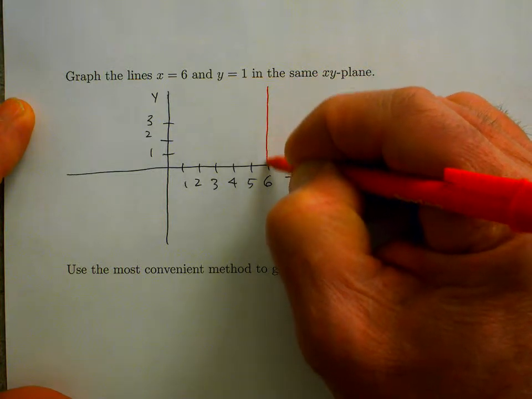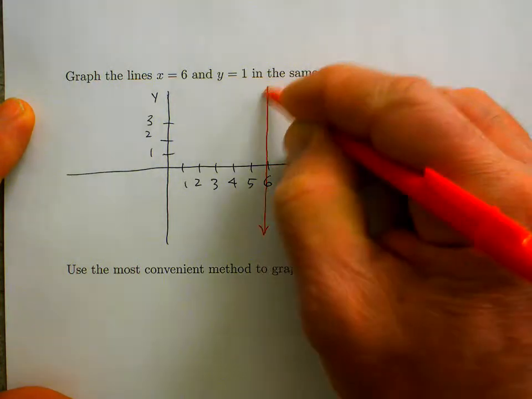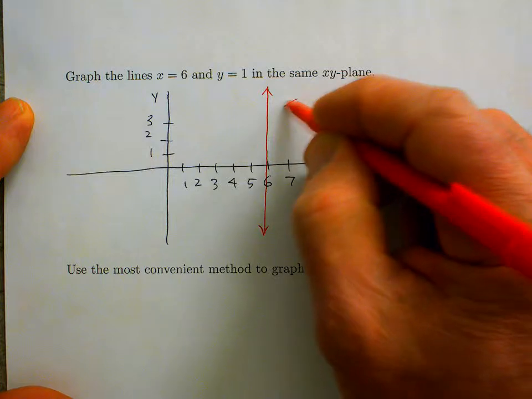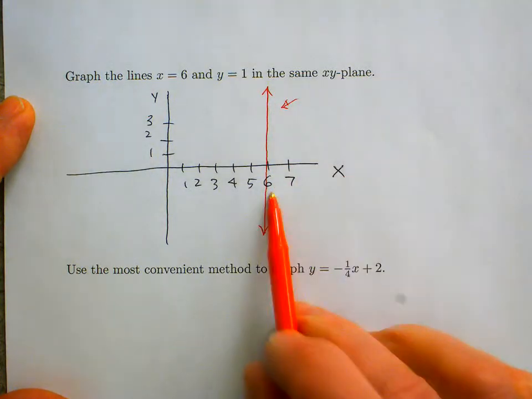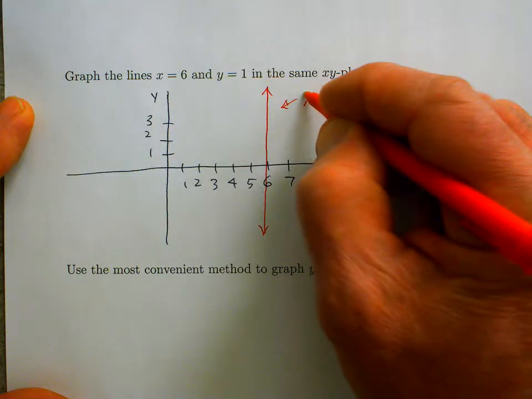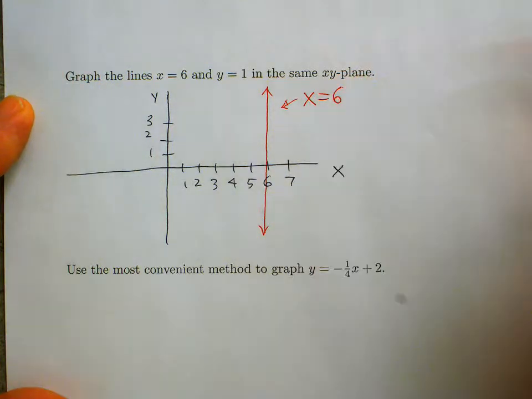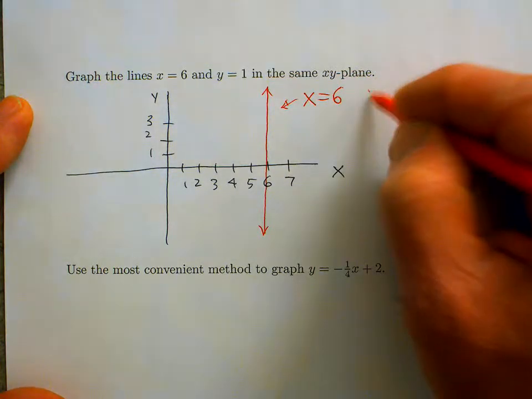It is the line on which every point has the same x-coordinate of 6. So this vertical line is x equals 6. It's a vertical line.